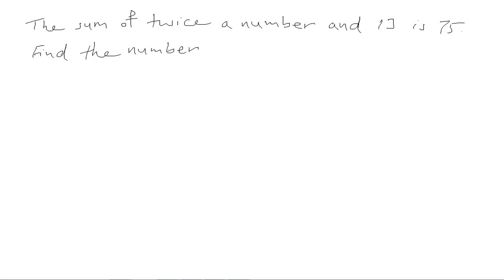The first thing you need to do is choose a symbol to represent your unknown. So the number is your unknown, and the most common symbol used to represent an unknown in algebra is x. So x is my unknown, the number.